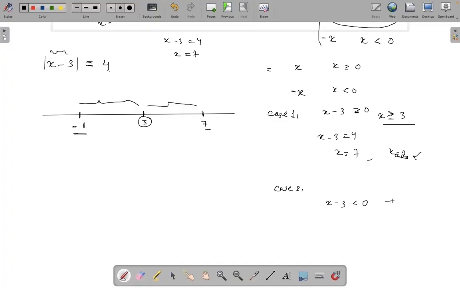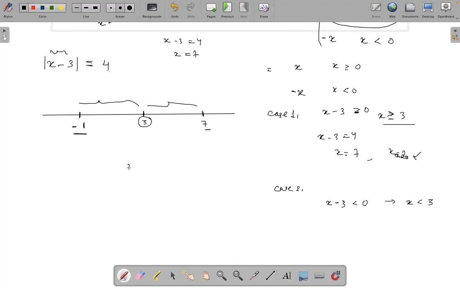So what does this mean? x should be less than 3. Now what will you do? See, think of this like a single number. What if this was y? When x minus 3 is less than 0, this means this entire thing is negative.